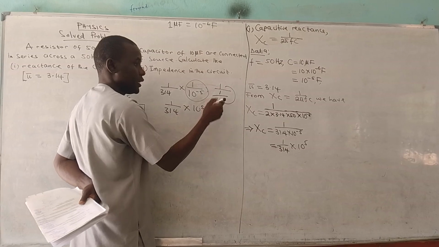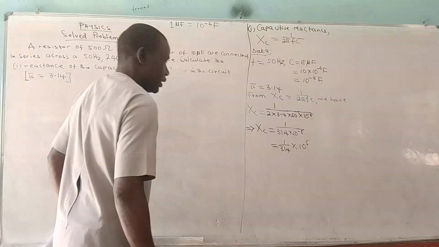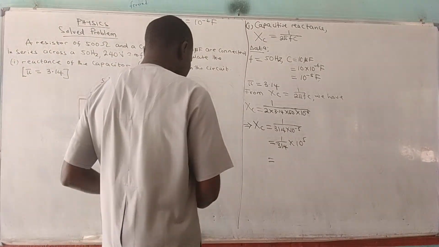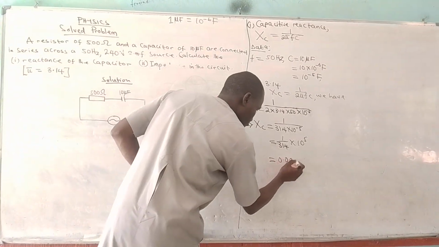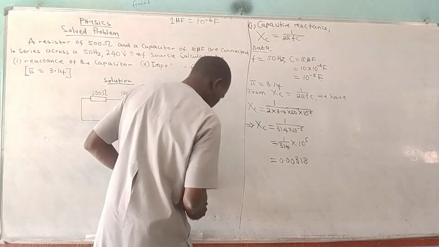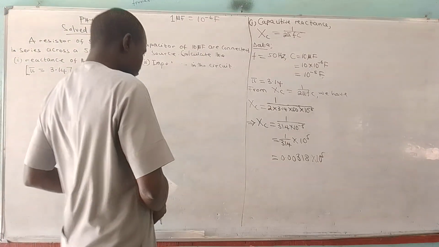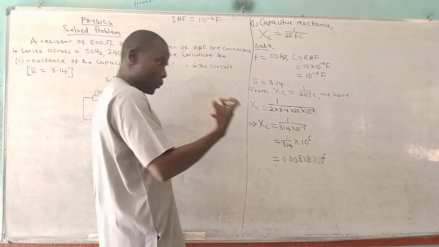So you multiply this down. So that's it. So this is equal to, what is 1 divided by 3? We have 0.00318 times 10 to the power 5. Understand?